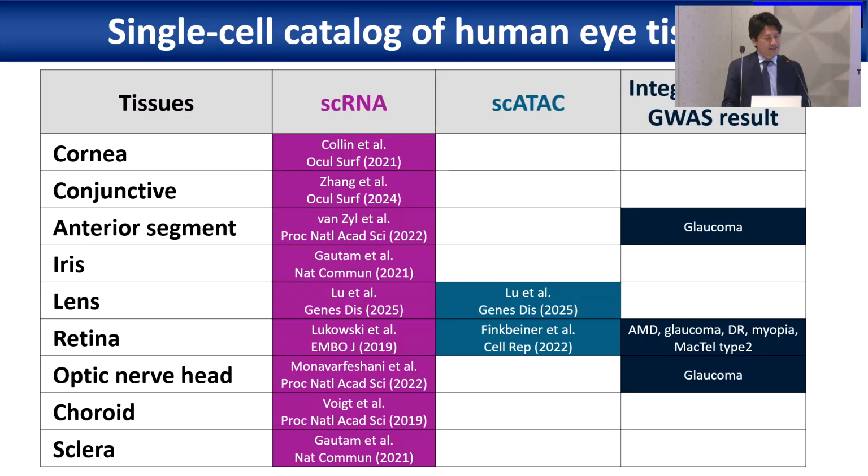Here I summarized the studies conducting single-cell analysis across different regions of the eye. As you can see, single-cell RNA sequencing has been extensively investigated. In contrast, epigenetic states, including chromatin accessibility, have been evaluated only in the lens and retina.